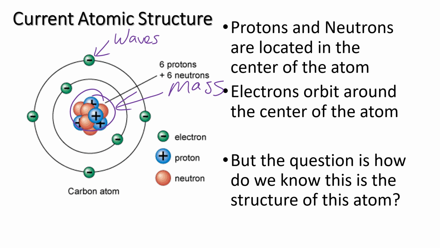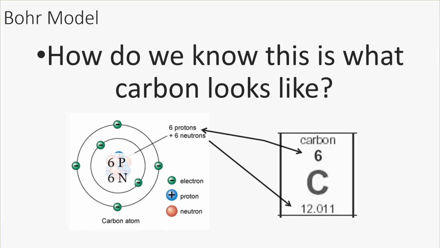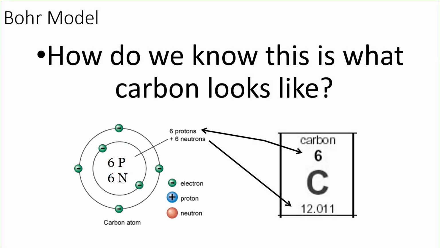Okay, but the question is, we're looking right here at an atom, and this atom happens to be carbon. So how do we know that this is the structure of an atom? Well, we're going to take a look at the periodic table.